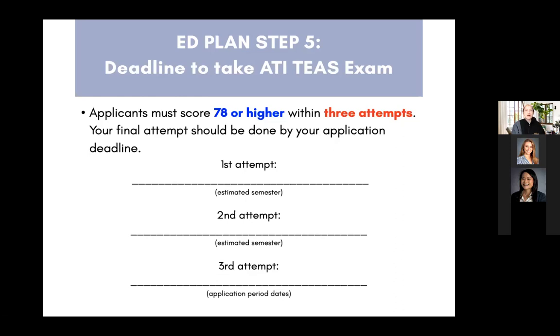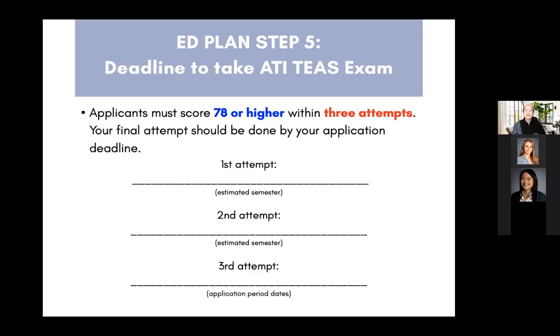It measures your success as a future nurse. Note that you have to have a 78% or higher within 3 attempts. At SF State, we allow 3 attempts. At other programs, they may not. So again, that's where you will want to do some research.